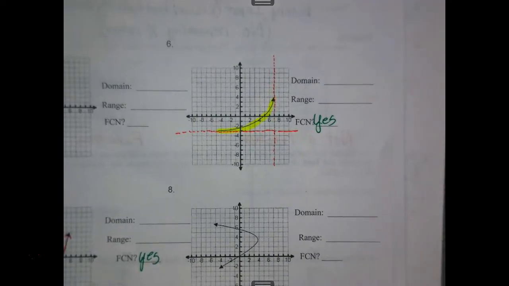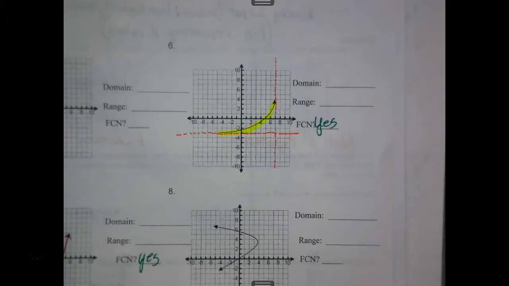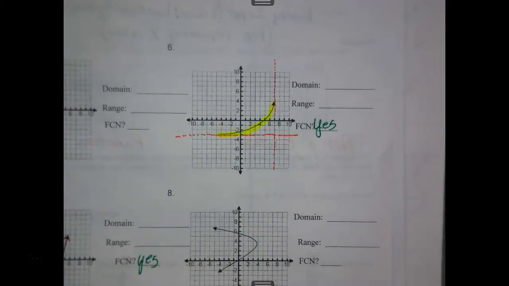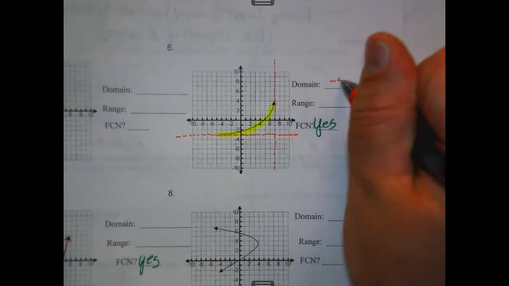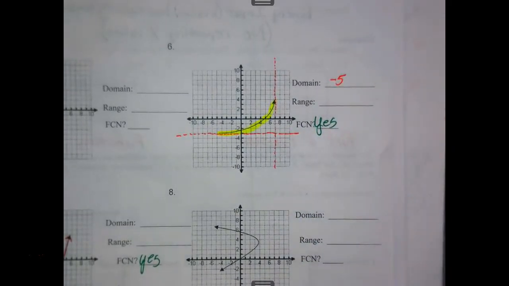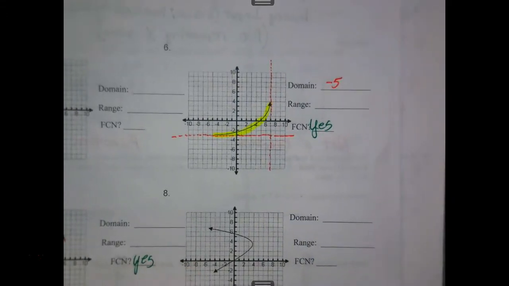Okay, so what's my domain? Look at the x-axis. It should be -5. But does it touch -5? No. So what does it get? Parenthesis or bracket?